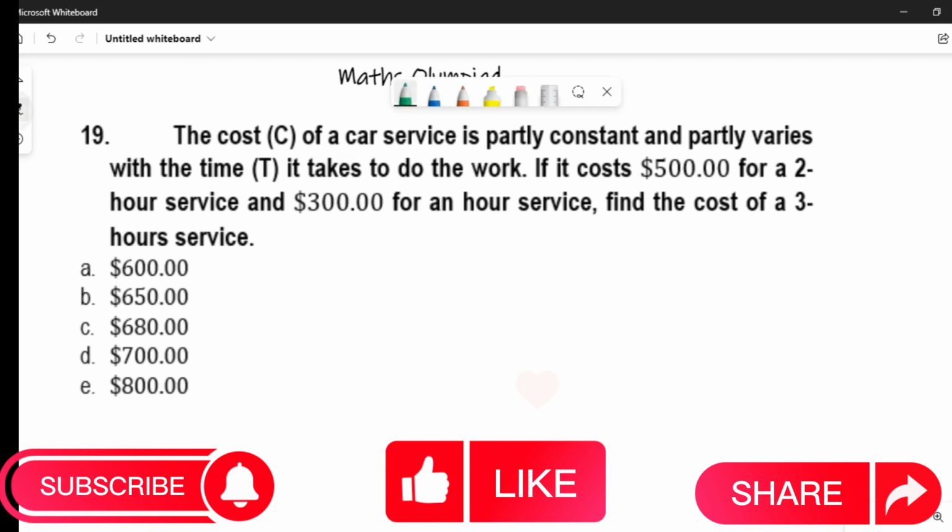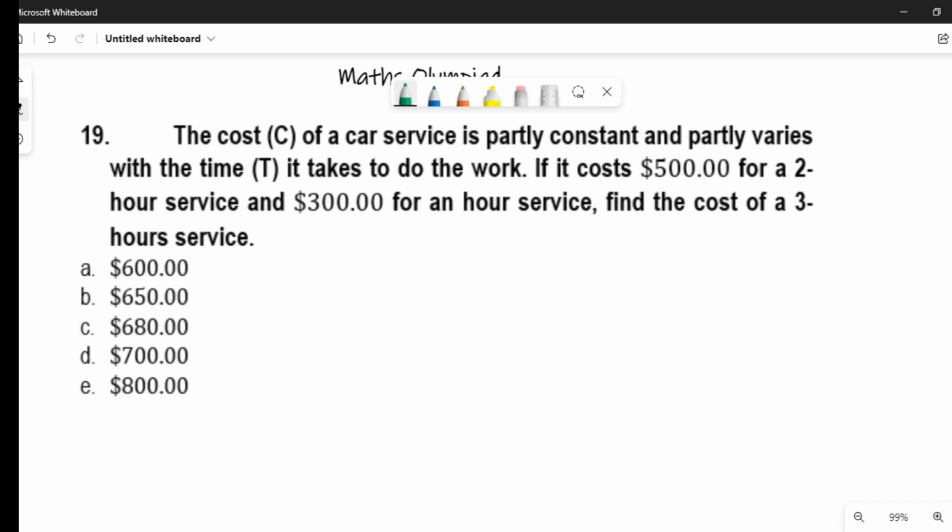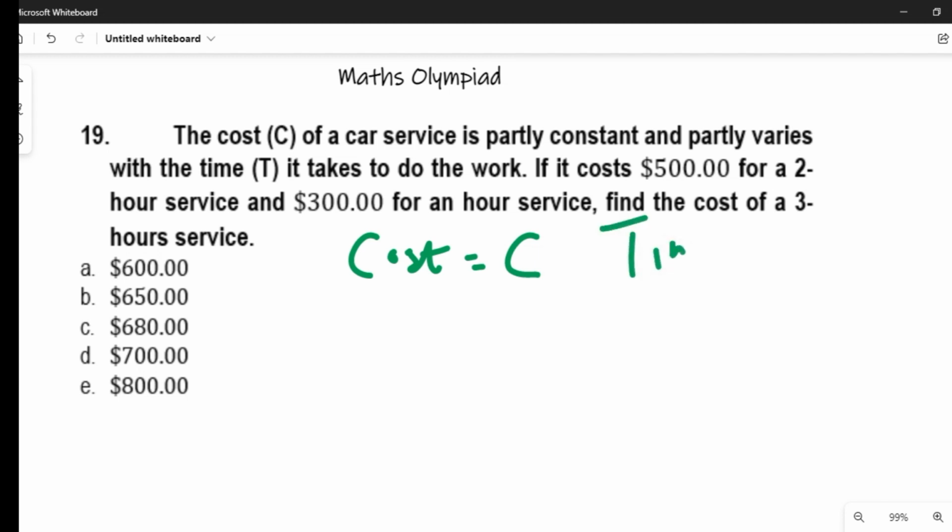To solve this question, we are going to find the true value of the cost of a 3-hour service. We take our cost to be C and our time to be t.